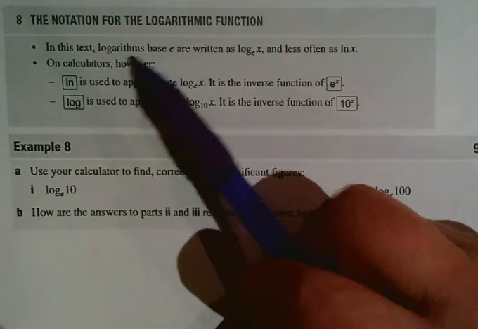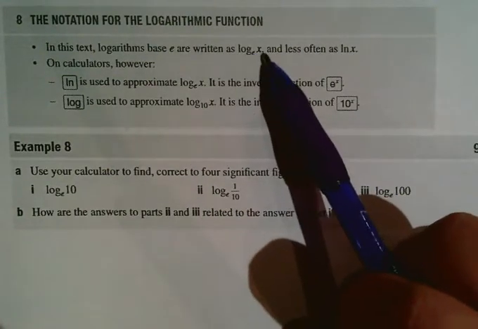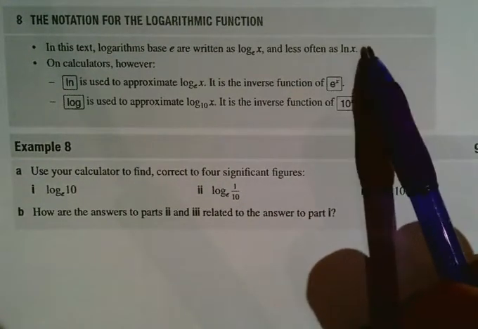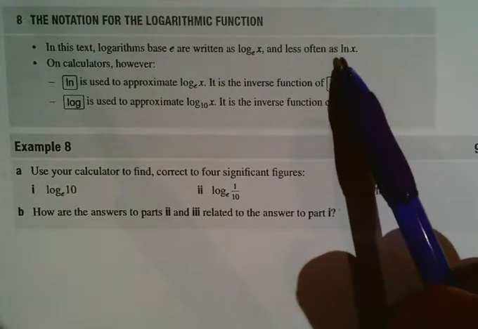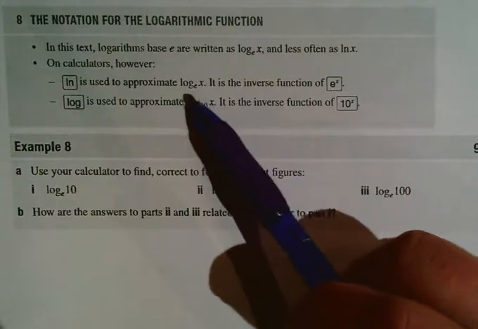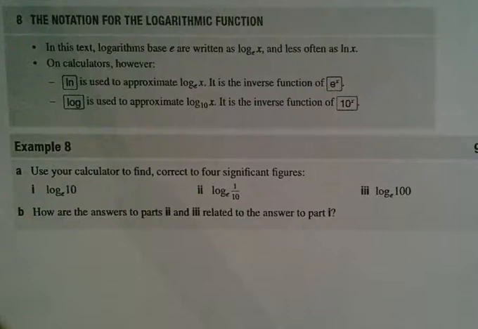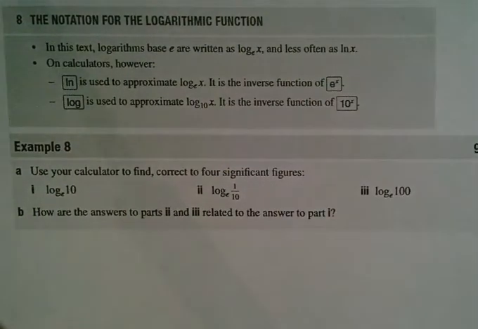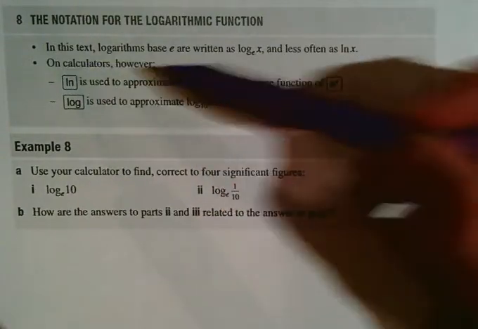We've also spoken about this before, but I'll just mention it again. When we look at logarithms of base e, they're written as log to the base e of x, and you can also write it as ln of x, and on your calculator you will see the button ln. Whenever you want to take log to the base e, you use the ln button, and that ln button is actually the inverse function of e to the power of x, which is why on most calculators e to the power of x is above it.